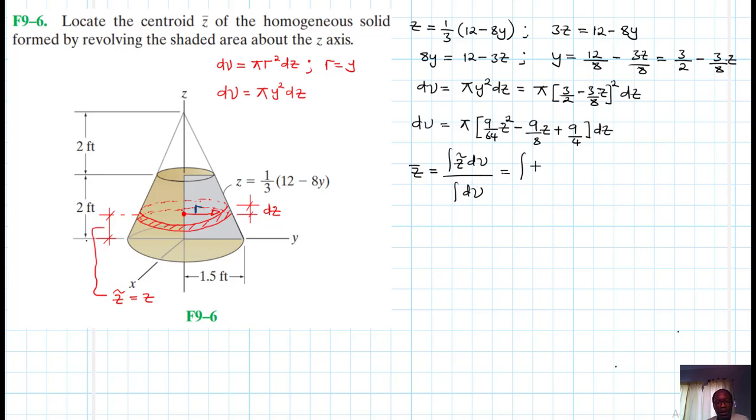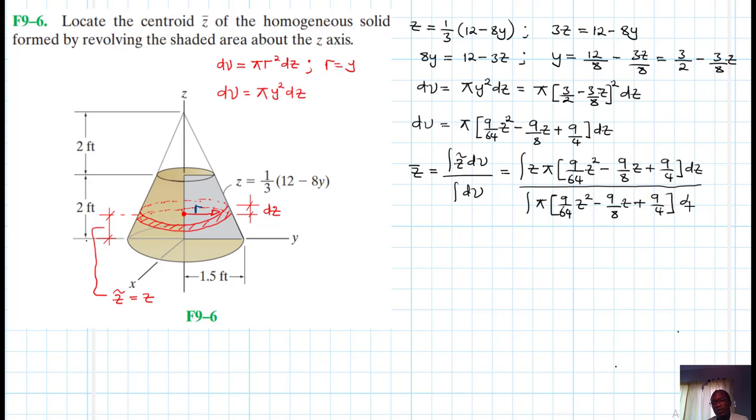And then we know that our z tilde is just z, and then we have pi times 9 over 64 z squared minus 9 over 8 z plus 9 over 4 dz, divided by the integral of pi times 9 over 64 z squared minus 9 over 8 z plus 9 over 4 dz.